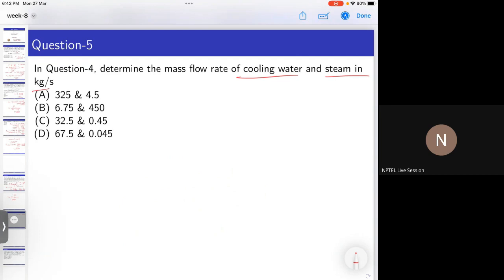How to find the steam condensation rate? The mass flow rate is to be divided by latent heat. So first find the cooling water.